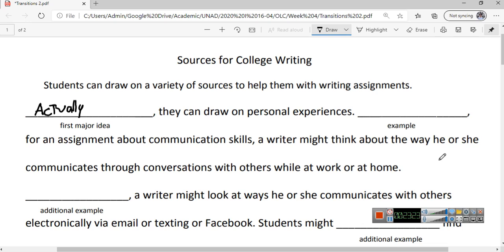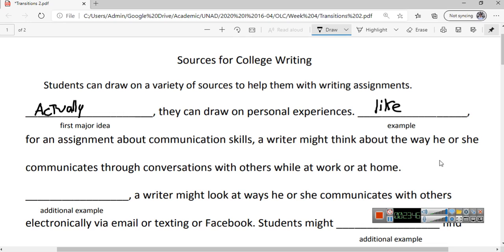I don't know what word will be there. Imagine you need to give an example. So would you use, for example, or like? What other phrases would you use? Like. Very good. Okay.